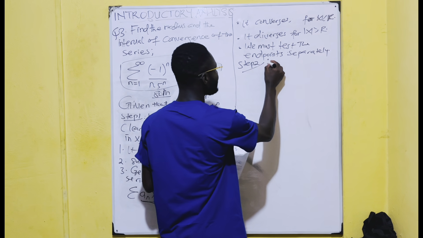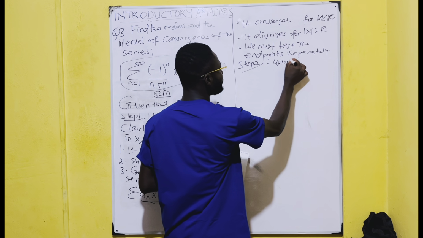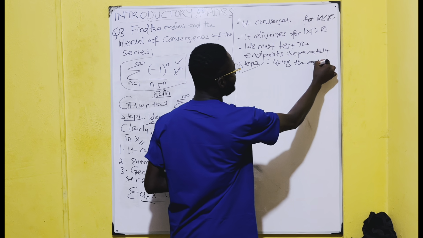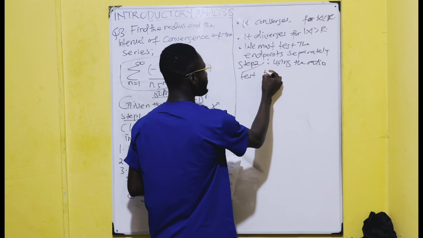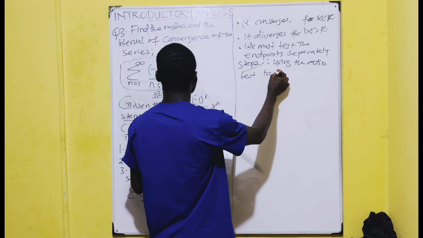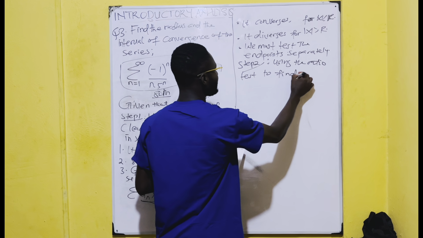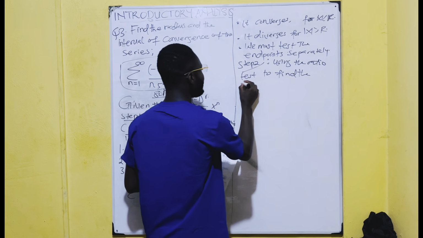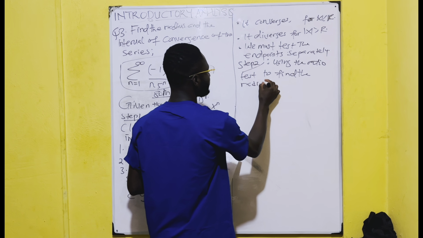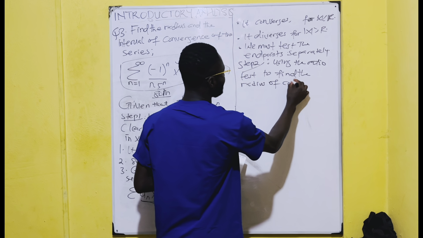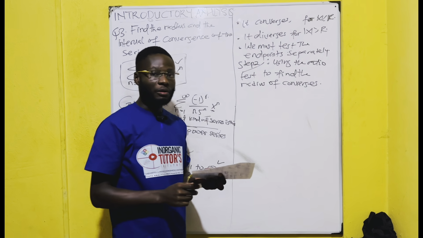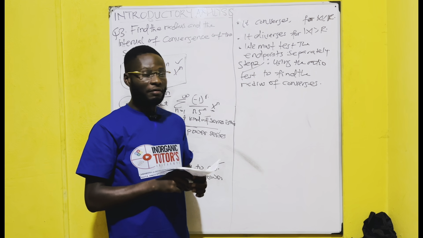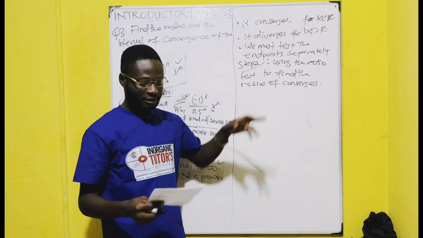So using the ratio test to find the radius of convergence. That is what we are going to use to find the radius of convergence, the ratio test.